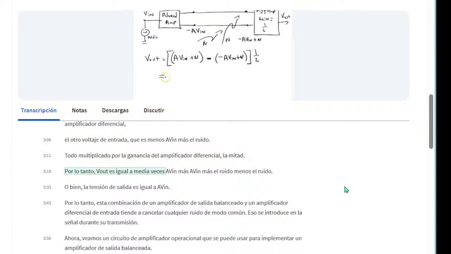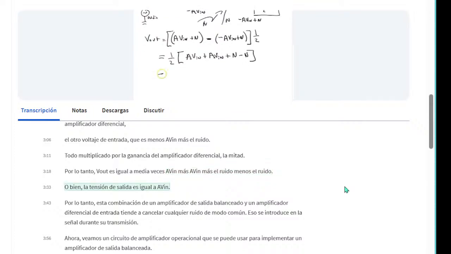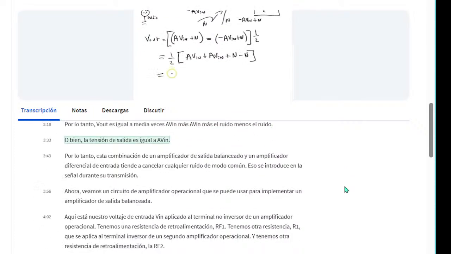So Vout is equal to 1/2 times A Vn plus A Vn plus the noise minus the noise. Or the output voltage is equal to A Vn. So this combination of a balanced output amplifier and an input differential amplifier tends to cancel any common mode noise that's introduced into the signal during its transmission.